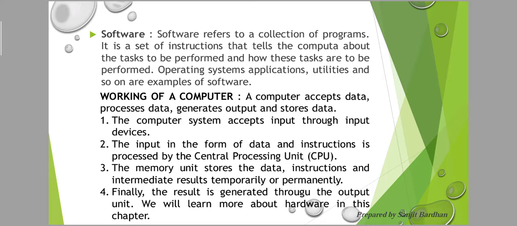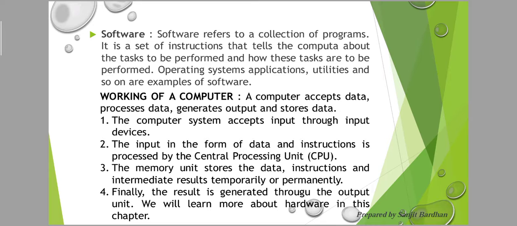Okay, now the working of a computer. How does a computer work? First a computer accepts data, then the data is processed by the CPU, then it generates output and stores the data. Number 1, the computer system accepts data input through input devices like keyboard, mouse, etc. The input in the form of data and instruction is processed by the central processing unit, that means CPU.